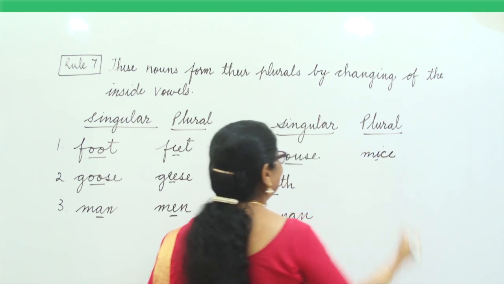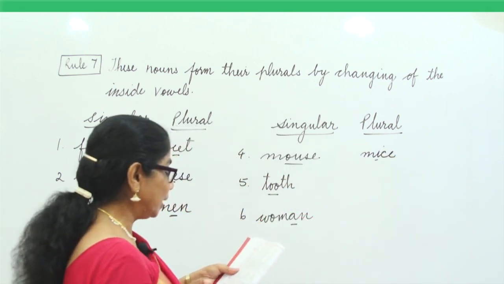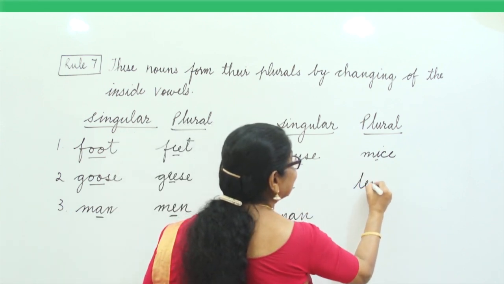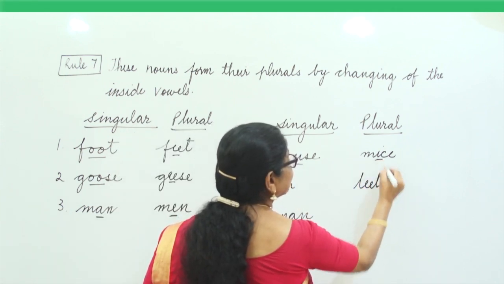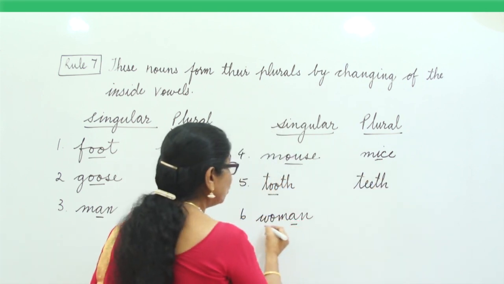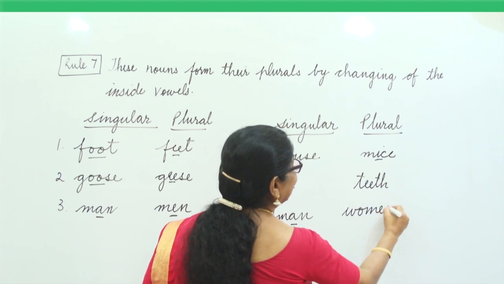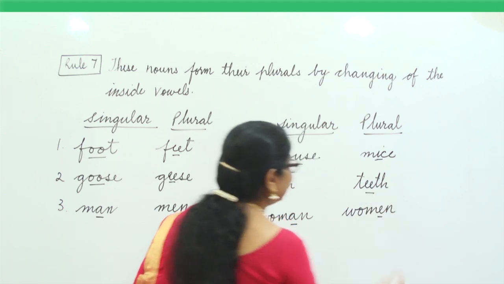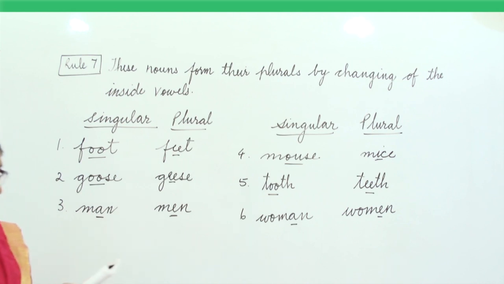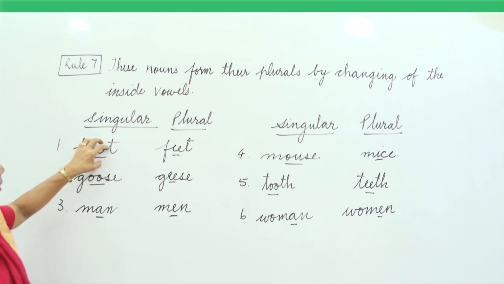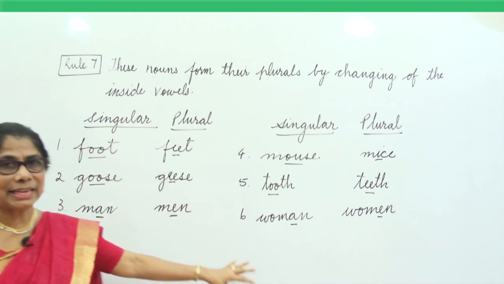Mice, you put I there, and C comes. Okay? Then you have tooth, teeth. Then you have woman, women. E-N comes. Now, look at all that. We just have a few words for these. Rule number 7 says, to form the plural of a noun, the inside vowel changes. And we just have 6 examples for it.